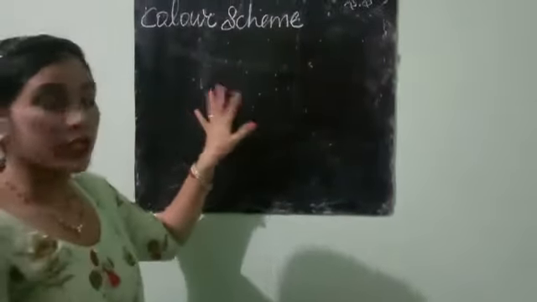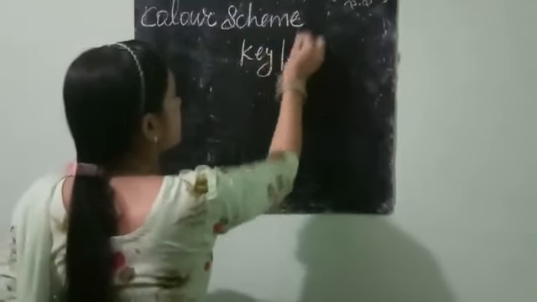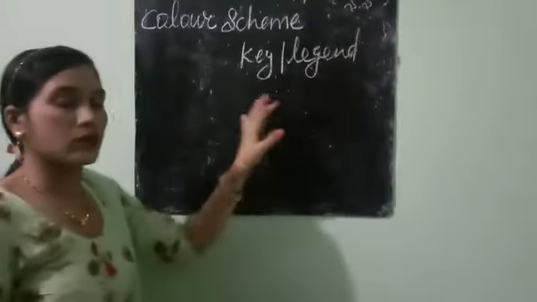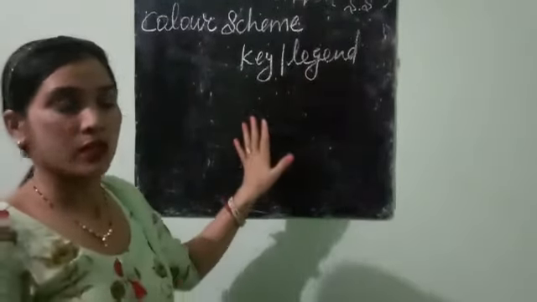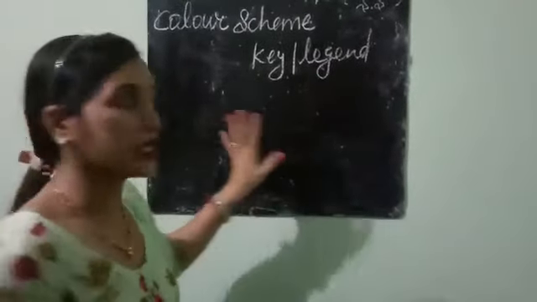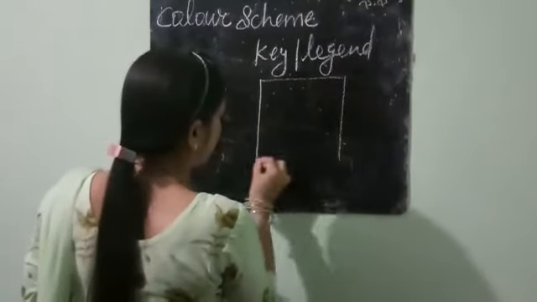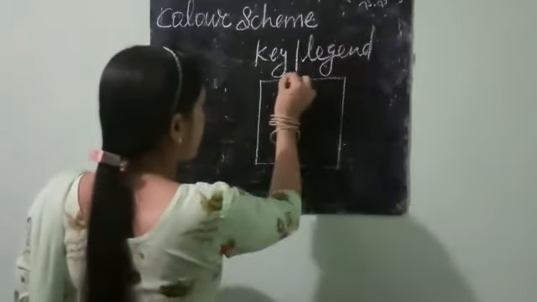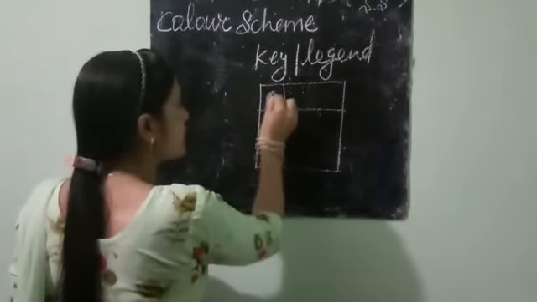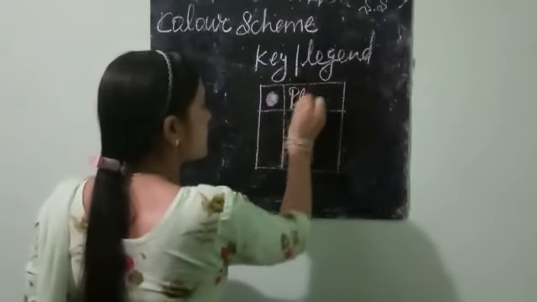Color scheme. Here is a key or legend. A key or legend is always made on the map that tells the meaning of the colors that are used in the map. For example, if we use green color here, it means it is showing the plains.